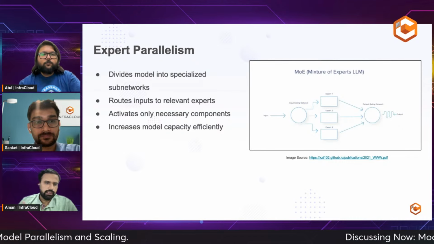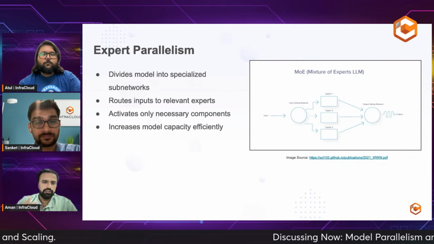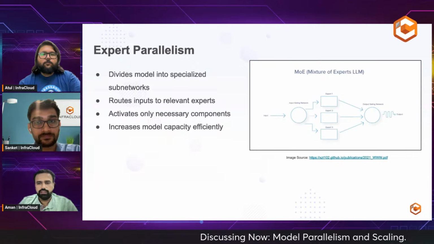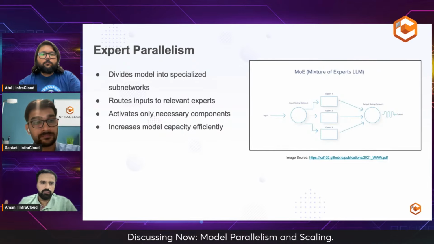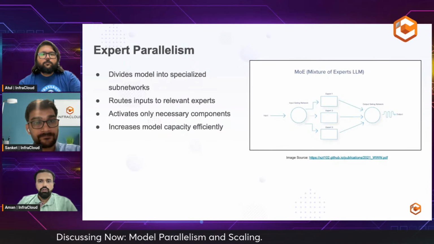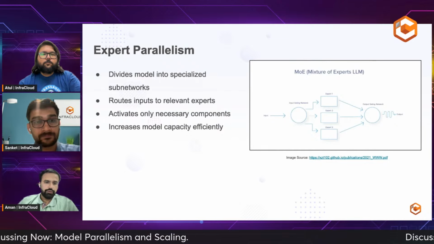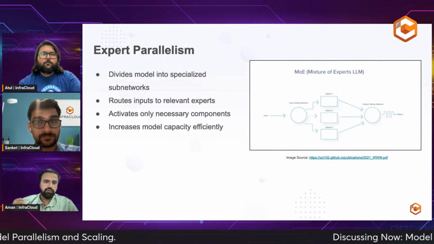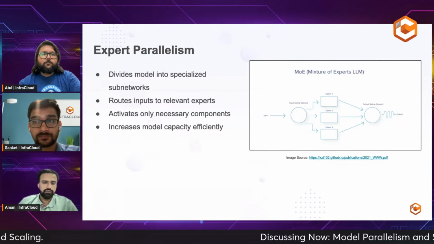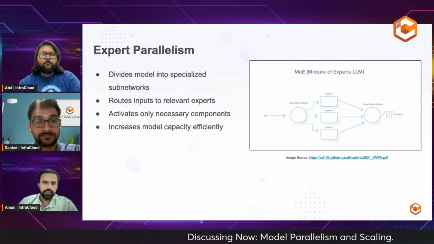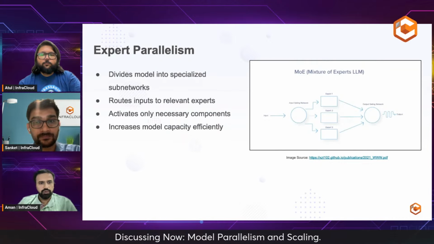It could be based on, let's say, language translation, or certain areas like games, novels, and whatnot. Now you can enable only the things that you need, or it could even be multimodal. Let's say you enabled text, and there is a certain part for video, but you don't need it. You don't enable that. That's where expert parallelism comes in.